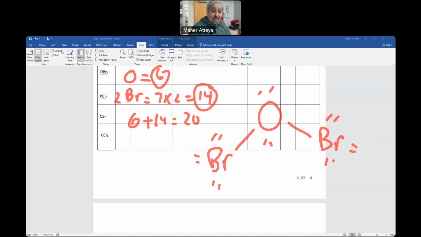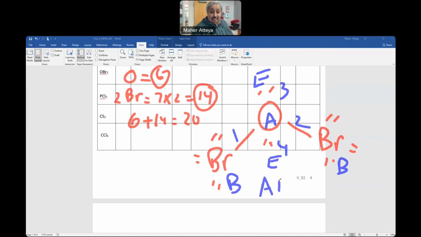So this is 1 single bond, correct? You see here? 1, 2 single bonds. How many lone pairs? 2, 3, and 4. So this is A. This is B. This is B. This is E. This is E.